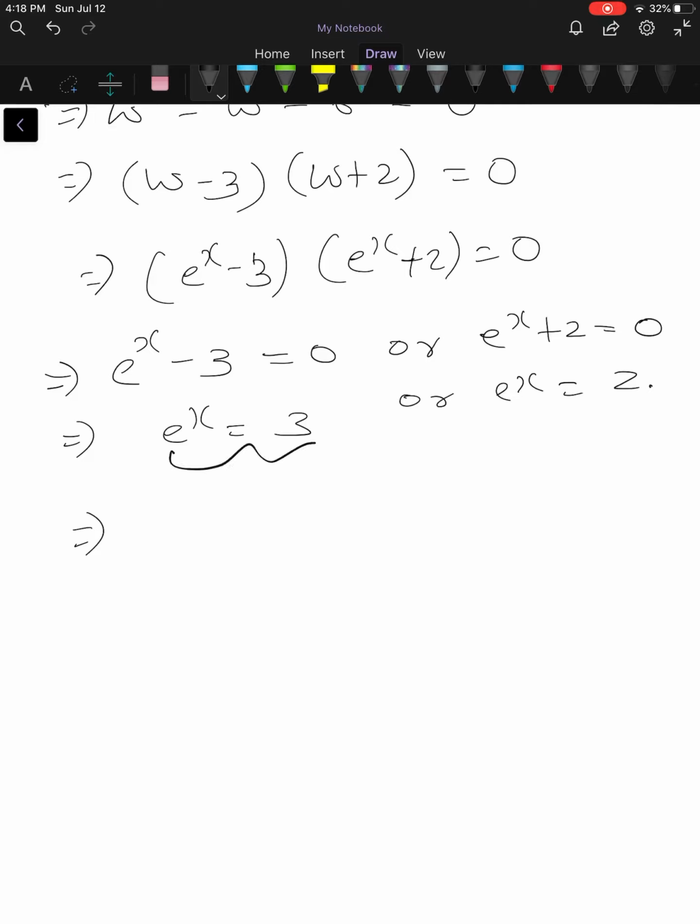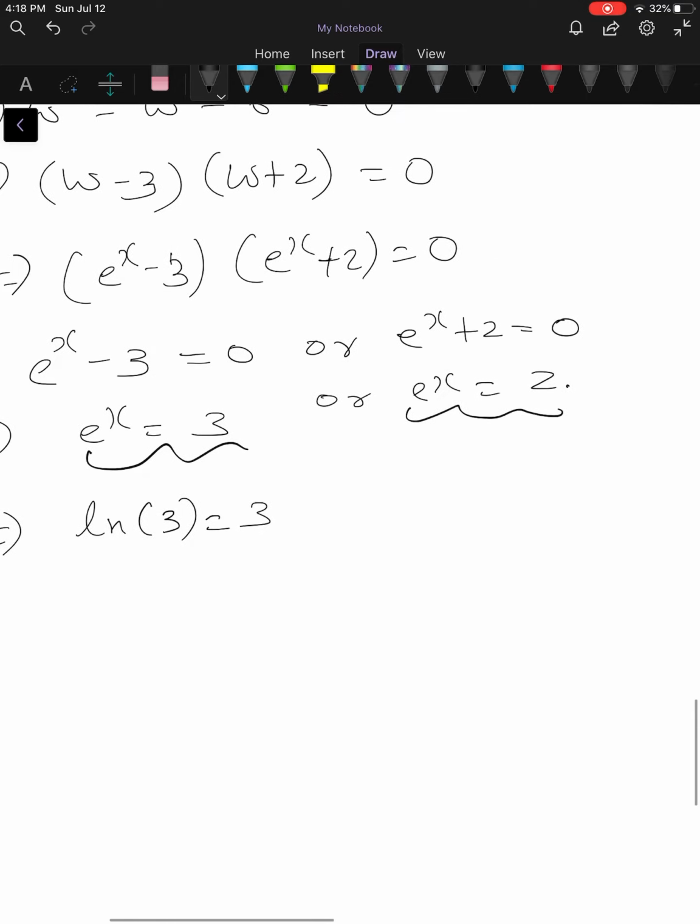Now to solve this, if you apply logarithm on both sides, or express this using the definition of the natural logarithm function, what do we get? Ln of 3 is x, correct, and ln of negative 2 is equal to x.